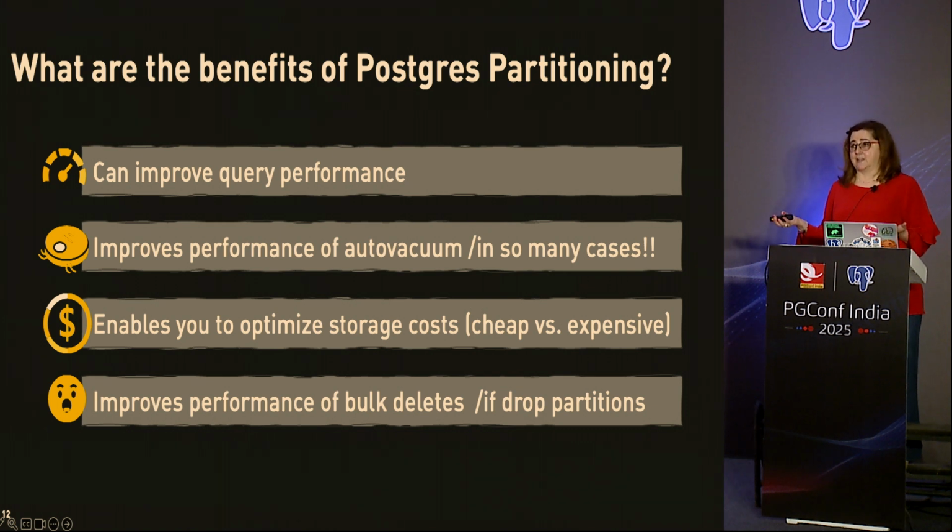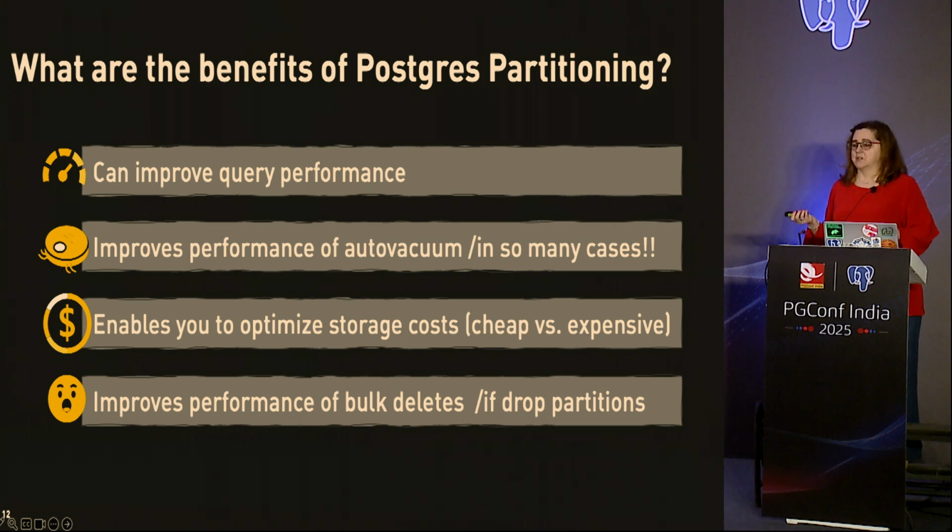And then autovacuum can run in parallel across partitions, and so that can help you avoid the autovacuum cannot keep up problem. And it can also help with optimizing your storage as well. You can imagine taking older data that's seldom accessed and putting that on big, slow disk, but taking your really hot, active partitions and putting them on fast and expensive SSDs.